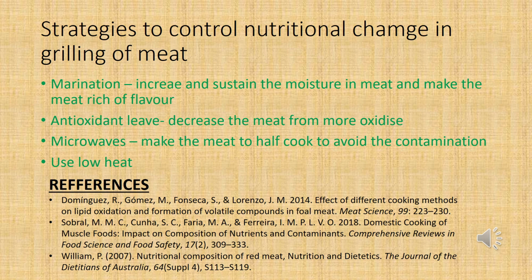Because we want the meat to be half cooked, so we just need a short time to grill the meat. When we grill the meat too long, it will absorb too much carbon dioxide, and it will change the nutrition in the meat.